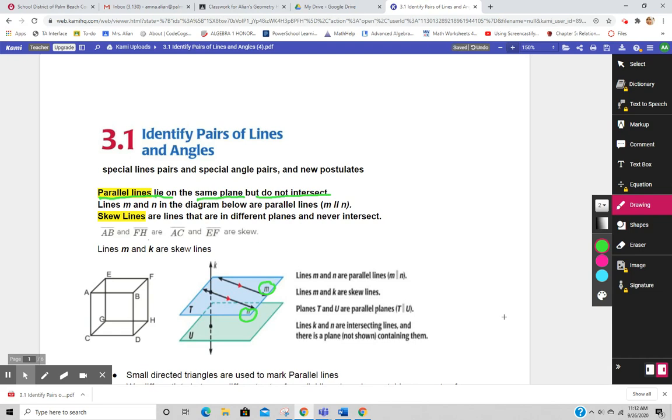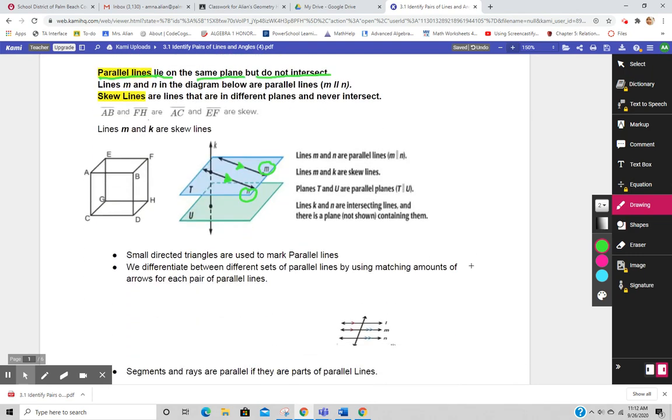How do I know? This marking right here. You can use arrows like that or little triangles, close it up and turn it into a triangle. And these are the marks that we use to indicate two lines are parallel. Here's another example right here.